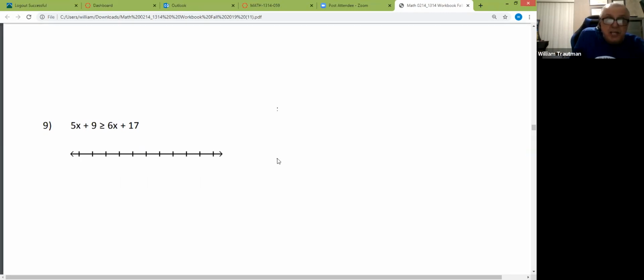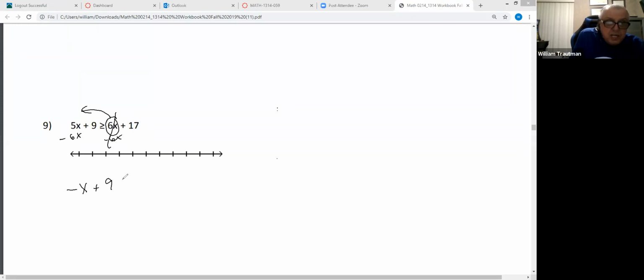It doesn't matter, I'm going to take all the x's to one side, so I'm going to take the 6x over there. Minus 6x, minus 6x. And I end up with 5x minus 6x is a minus 1x plus 9 is greater than or equal to 17.